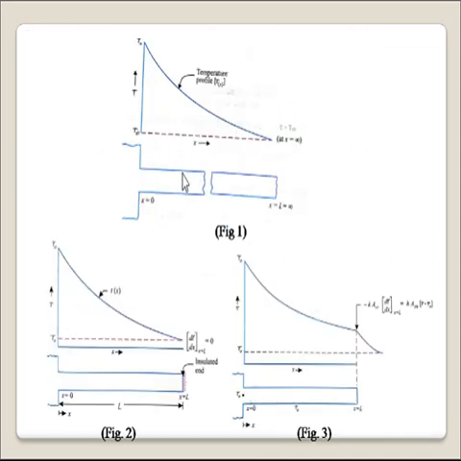So first is the infinitely long fin. This is the infinitely long fin which is attached to the base at x equal to 0, and the length of the fin L is equal to infinity.